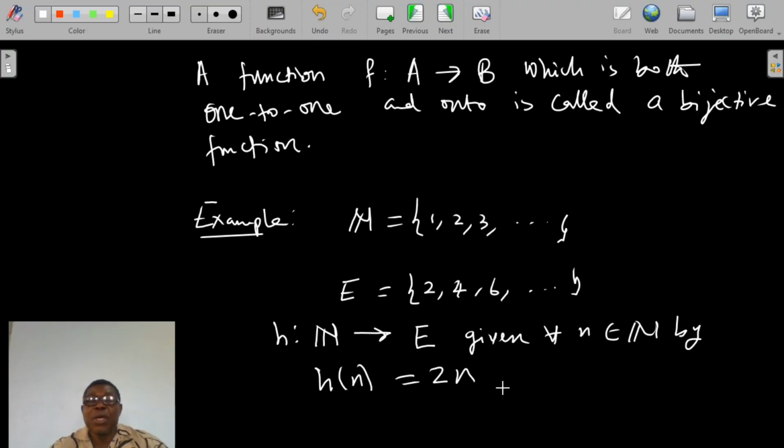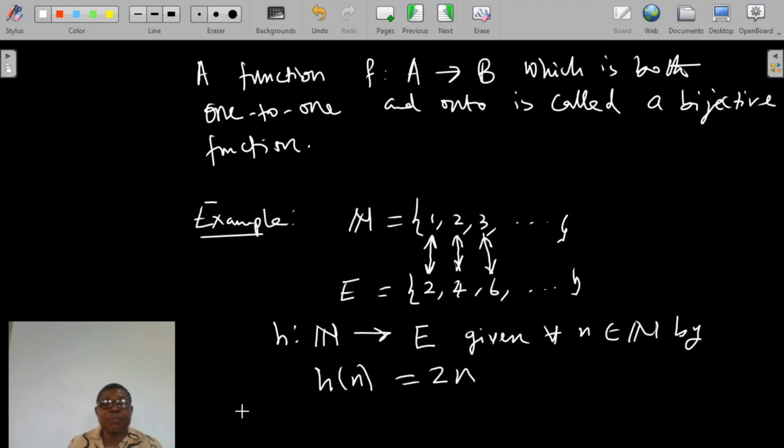This function is one-to-one. We can even use this picture to describe it. Here 1 is mapped to 2, 2 is mapped to 4, 3 is mapped to 6, and so on. So h is one-to-one.